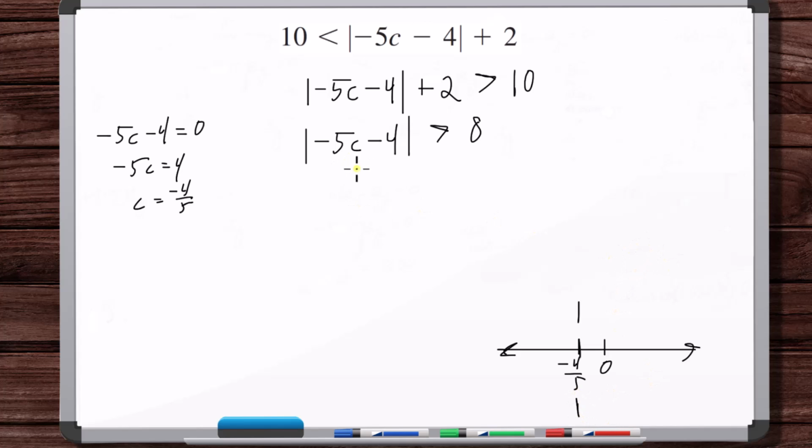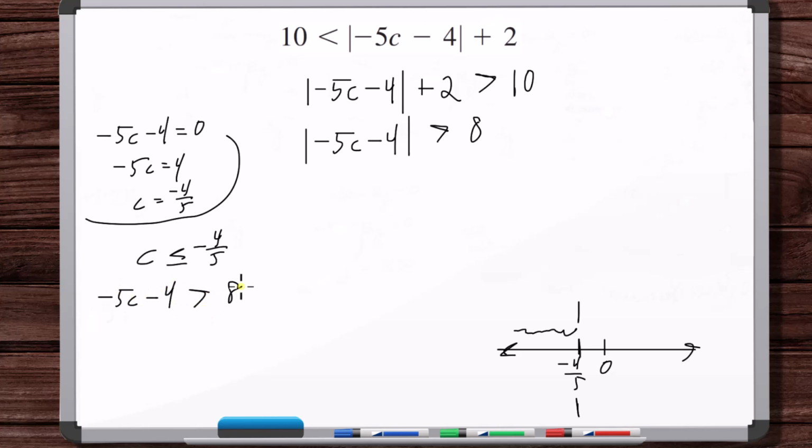Let's see. So when c is less than or equal to minus 4/5, minus 5c minus 4 is going to be positive or 0. So we just remove the absolute value. Minus 5c is greater than 12.